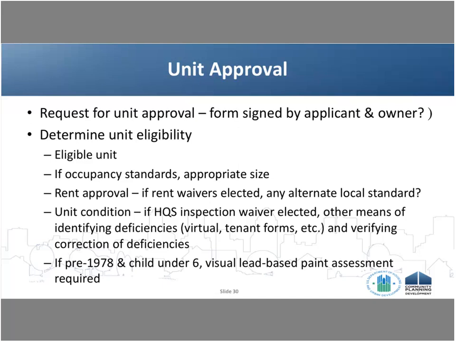Actually, it's for deteriorated paint. That has not been waived or suspended under these requirements. It is still in effect, and we're looking for more guidance for you on how that can be done. But at this point, we have to say that the requirement for the visual assessment for lead-based paint is still in place.